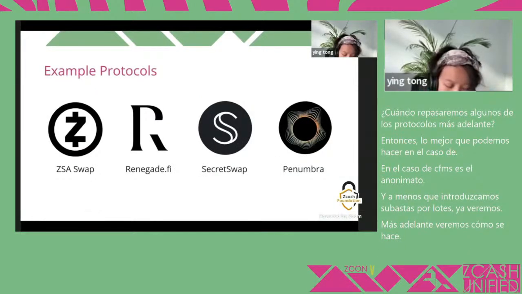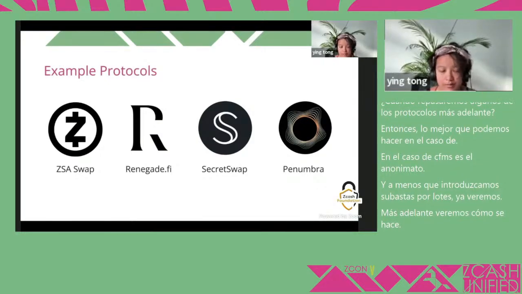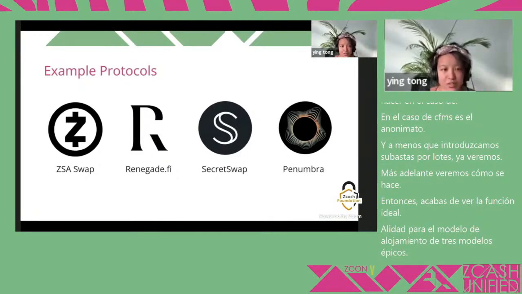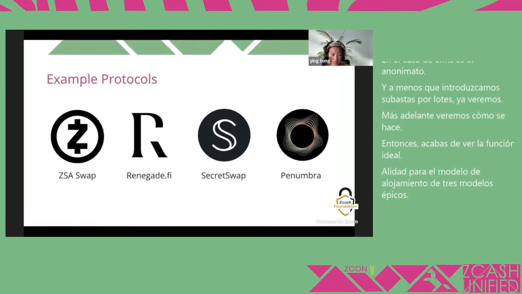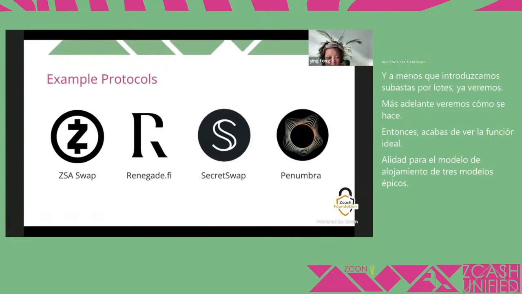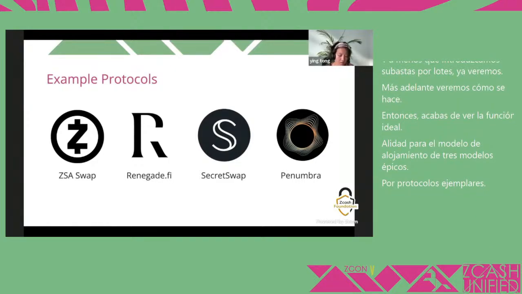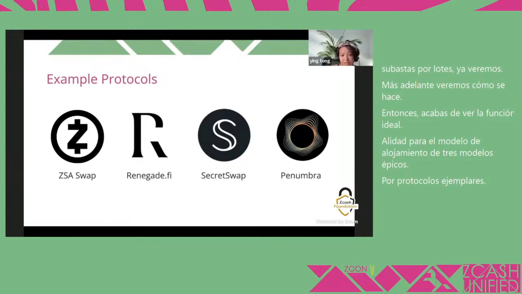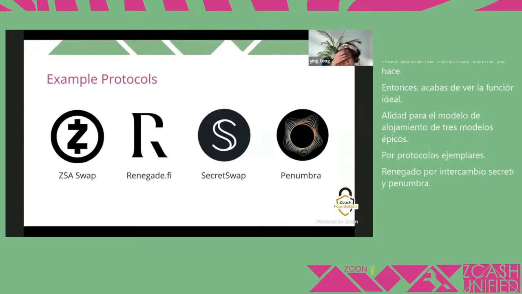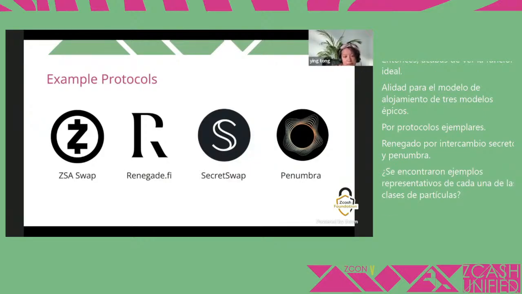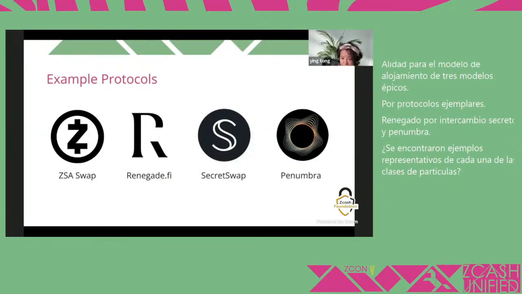So you saw just now the ideal functionality for the three-phase computation model. In our study, we wrote up four exemplary protocols in depth: ZSA Swap, Renegade Fi, Secret Swap, and Penumbra. They were found to be the representative examples for each of the classes of protocols, and they had implementations or proposed implementations for limit order auctions.